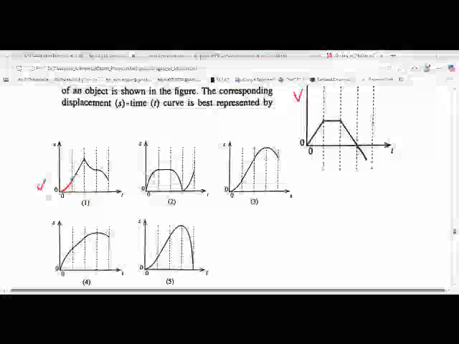This is not acceleration, it is deceleration because the inclination is decreasing. We can reject this. Also here, acceleration is okay. Here deceleration, we can reject this.